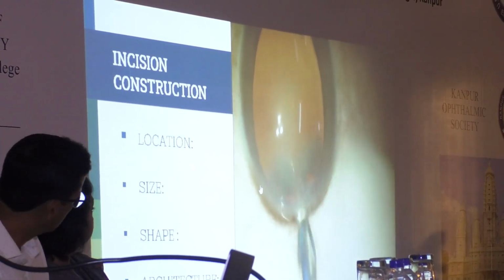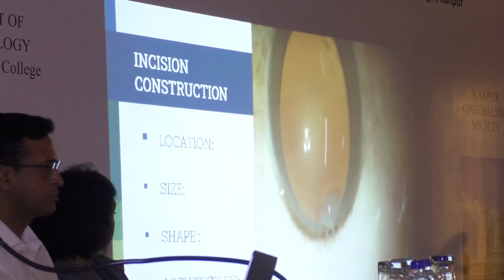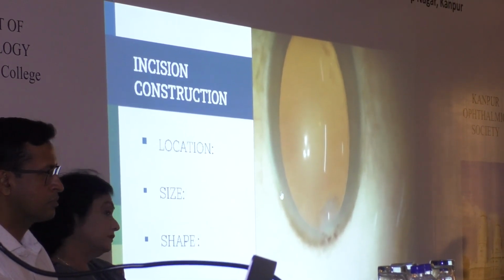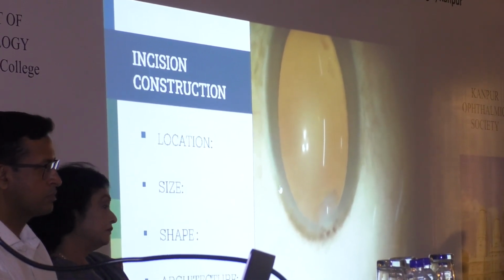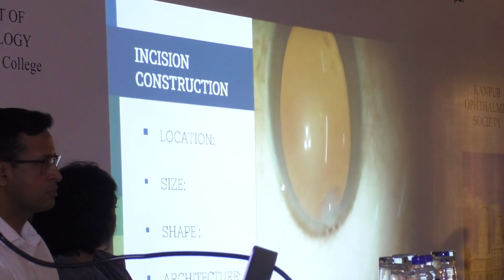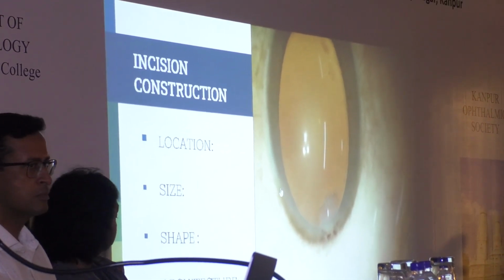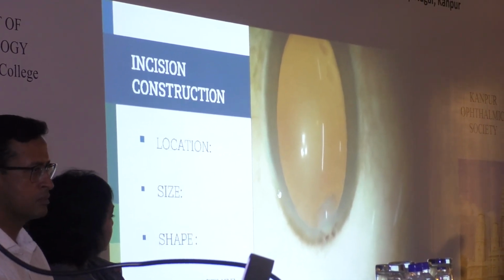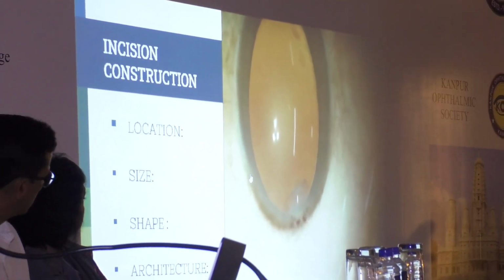So this is the tri-planar incision. It is always better to perform the tri-planar incision, as it has a lot of advantages. Though people are doing clear corneal, only uniplanar, sometimes biplanar, I always prefer to perform the tri-planar incision.